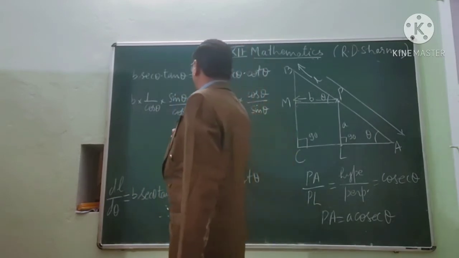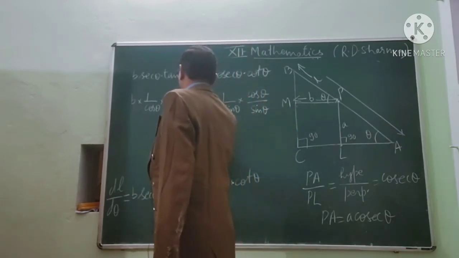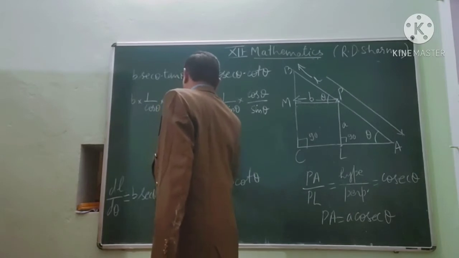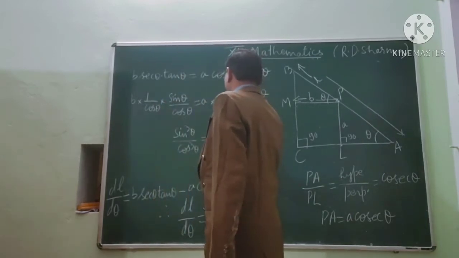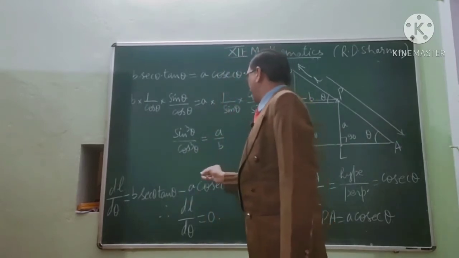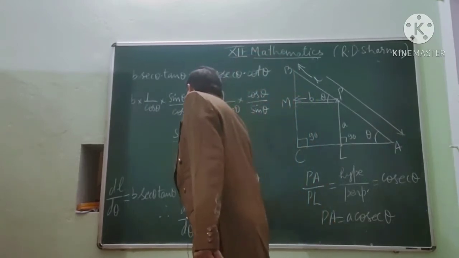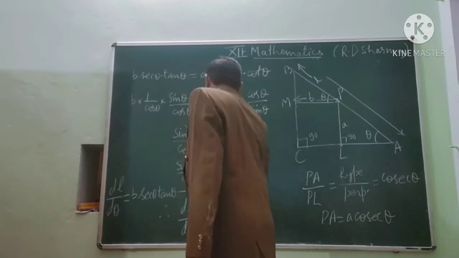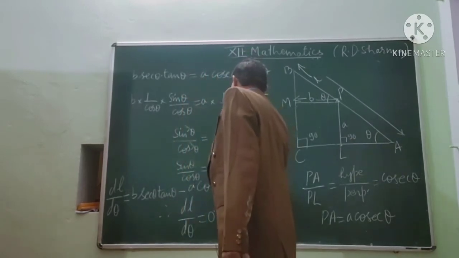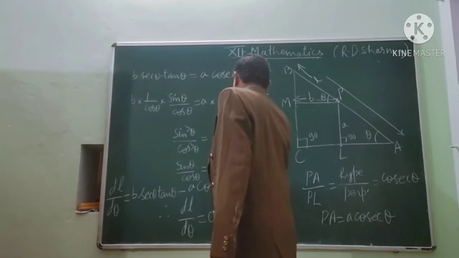From this we will get sin cube theta upon cos cube theta equal to a upon b, and sin theta upon cos theta equal to (a upon b) whole power 1 upon 3.